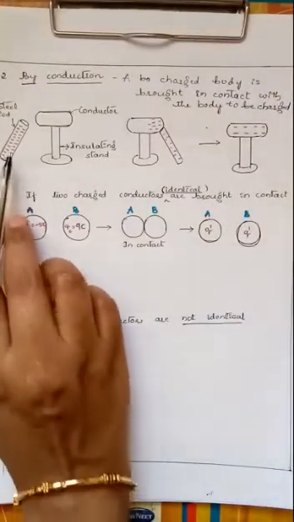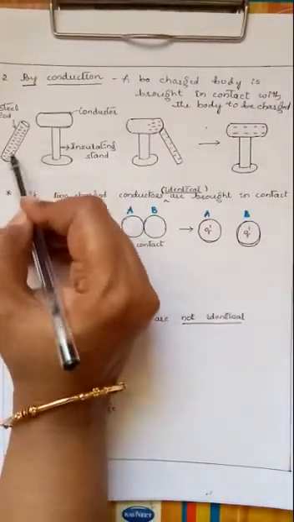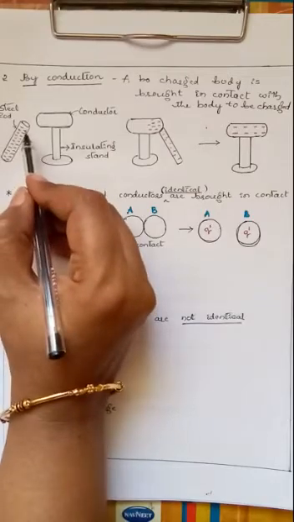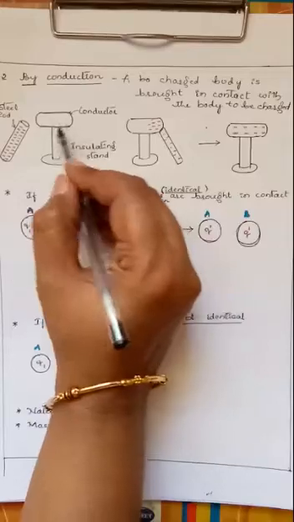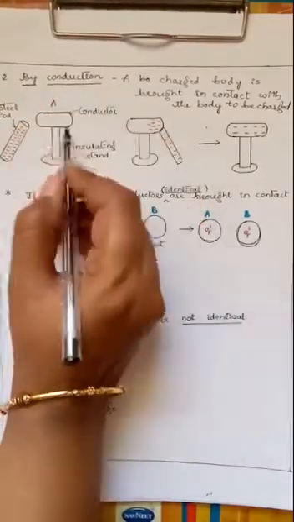Say for example, here I have taken one conducting rod, say a steel rod, which is now negatively charged, and this is a body, let me call it body A, which is to be charged.